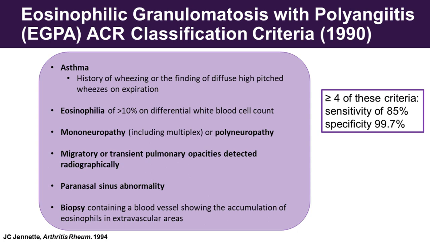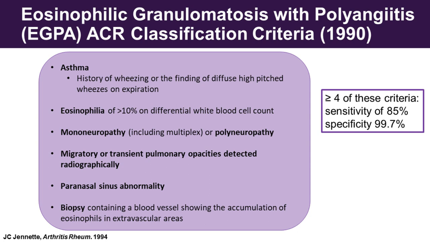So the classification criteria here are 4 or more of these: asthma, eosinophilia of greater than 10% on the differential, a mononeuropathy or polyneuropathy, a migratory or transient pulmonary opacity detected radiographically, paranasal sinus abnormality, and of course our gold standard, what we love to have, is biopsy, a tissue containing blood vessels showing the accumulation of eosinophils in the extravascular areas.